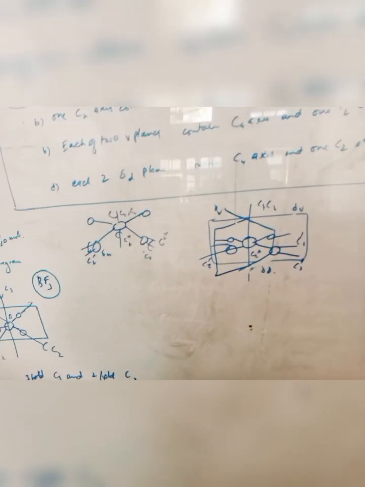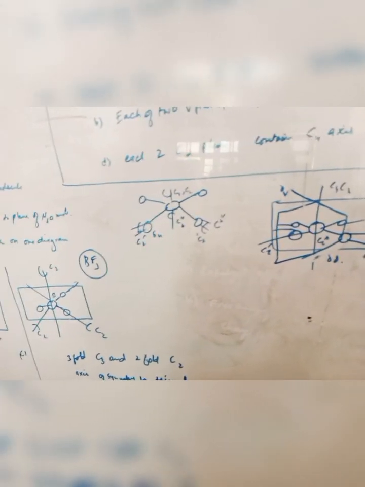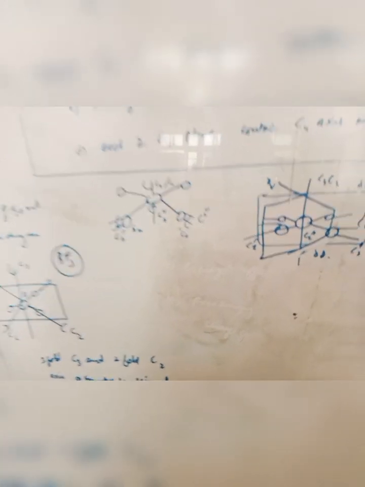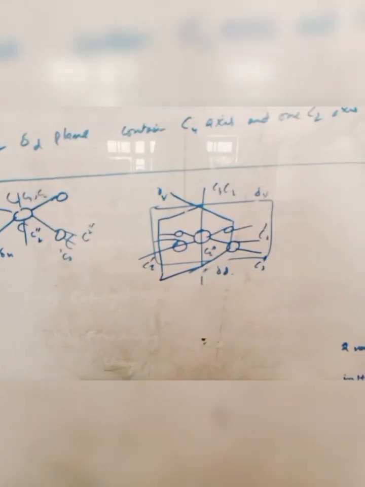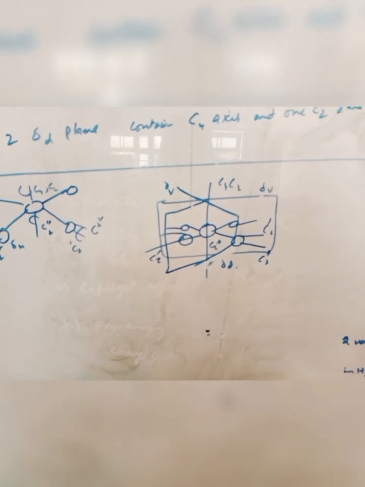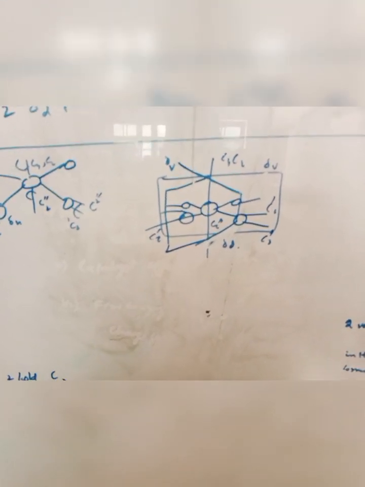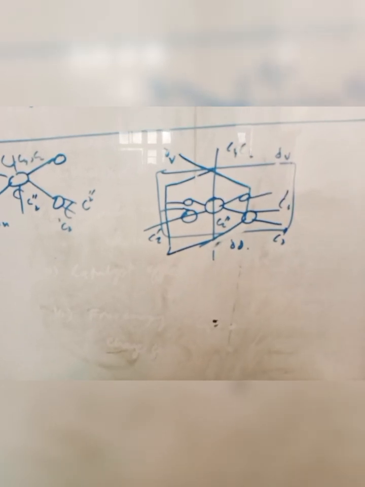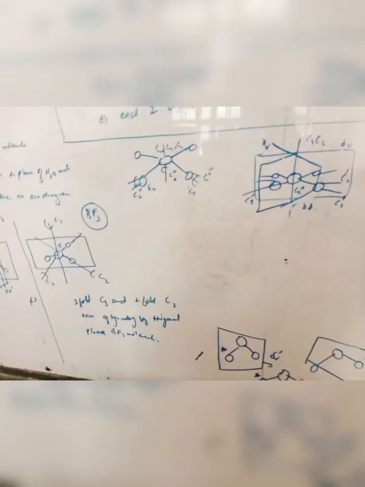In the figure, you can see the molecule XeF4, which has different types of symmetries: vertical, two C2 dash, C2, and sigma d dihedral.